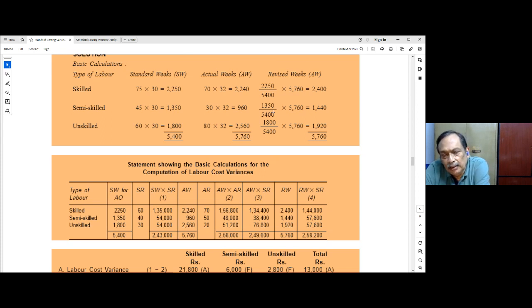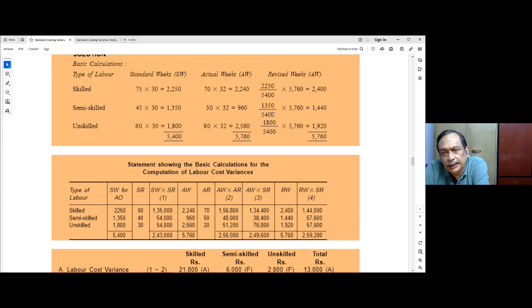Then we have standard weeks into standard rate, let it be 1, and it comes to 1,35,000, 54,000, and again 54,000. Total comes to 2,43,000.